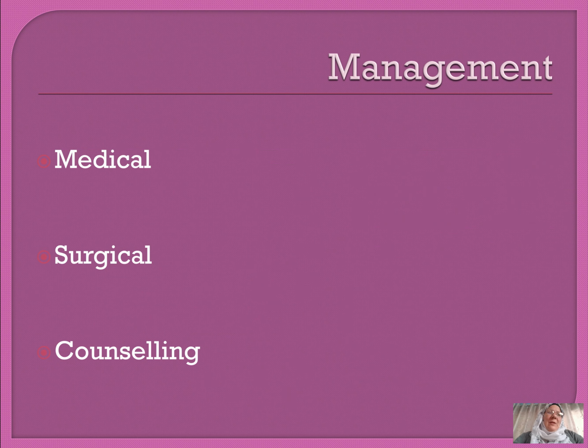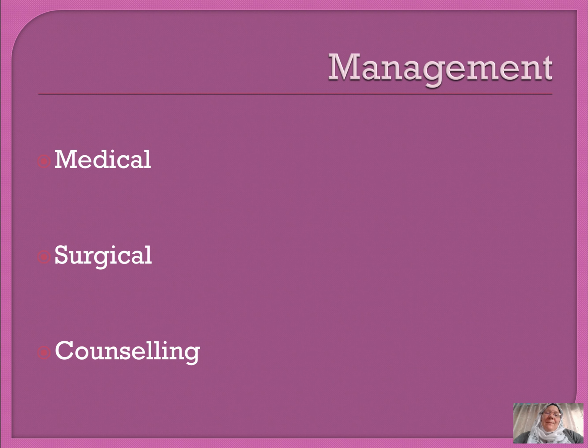So management for ectopic pregnancy should be guided by the local protocol. And in this patient, she has got medical and surgical options. The conservative option should not be offered to her because her HCG is above 1,000. If it's above 1,000, they should not. They should have either medical or surgical option.